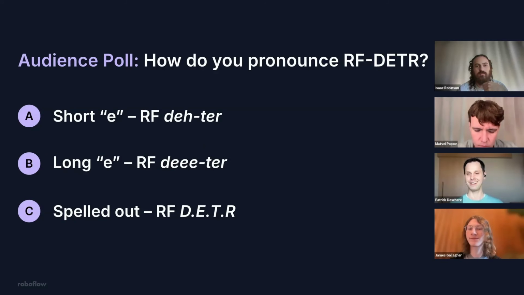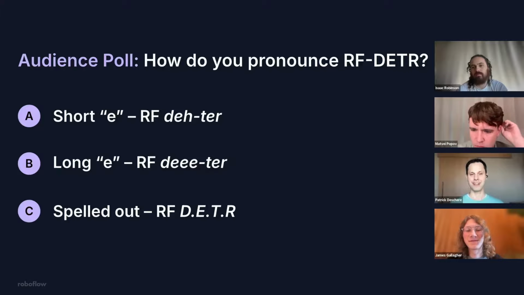Before we get started with those questions from the audience, I personally have a question for all of you here today about the pronunciation of this acronym DETR. I would really love it if in the chat right now, everybody could let me know how you usually say this acronym.